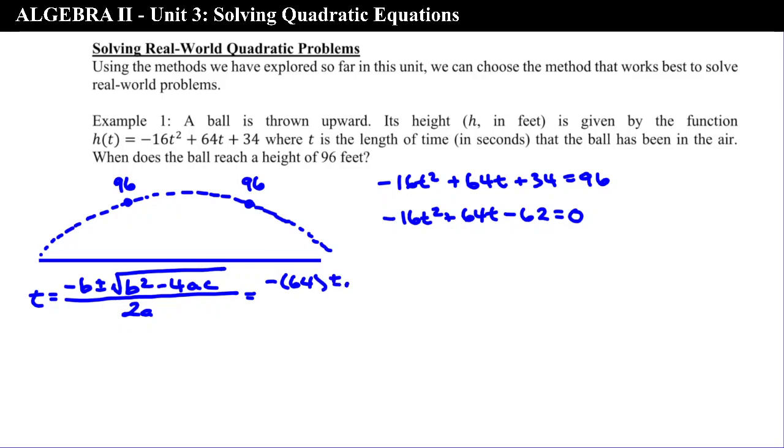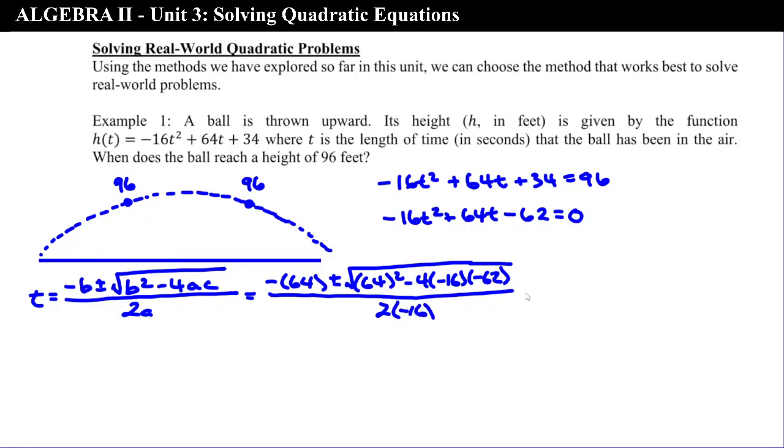We've got plus or minus the square root of b squared, so b again is 64, so it's going to be 64 squared, minus 4 times a, which is negative 16, times c, which is negative 62, all over 2a, a being negative 16 again. So let's simplify a little bit. We're going to have negative 64 plus or minus. If you do all that math under a square root, you end up with the square root of 128 over negative 32.